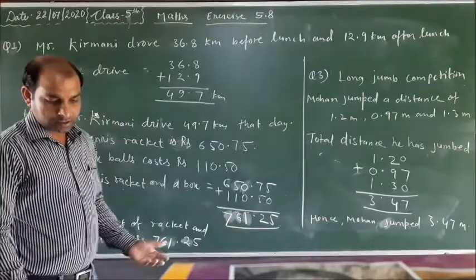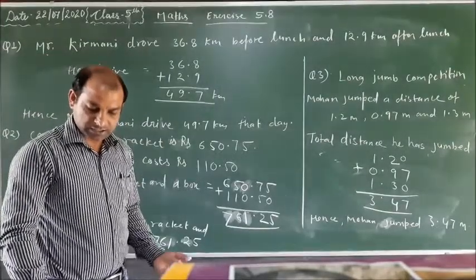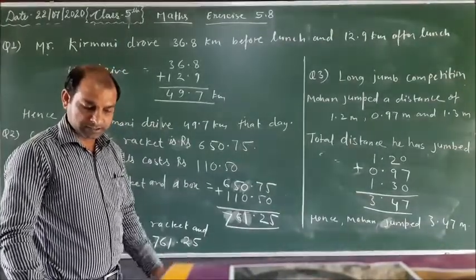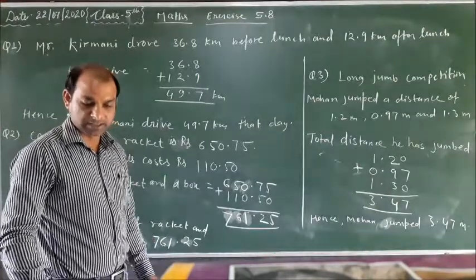Now question number three: in a long jump competition, Mohan jumped a distance of 1.2 meters, 0.97 meters and 1.3 meters. What is the total distance he had jumped?